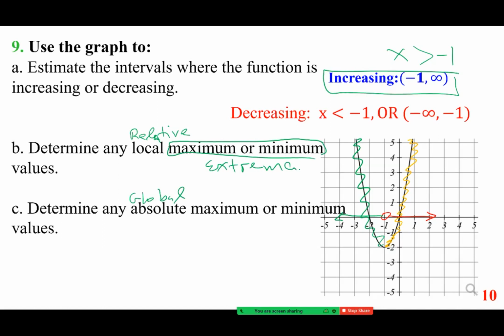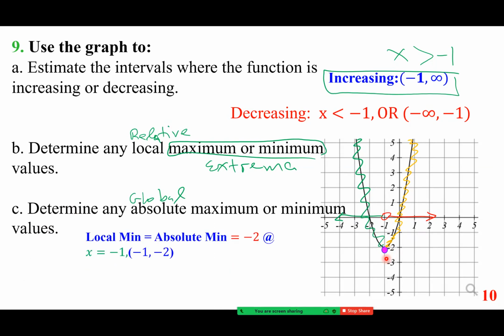All right. So in this case, this point is a local min, also an absolute min. So the local min, the same as absolute min, equals the y coordinate of this point, which is -2 at x equals -1, or this pair.